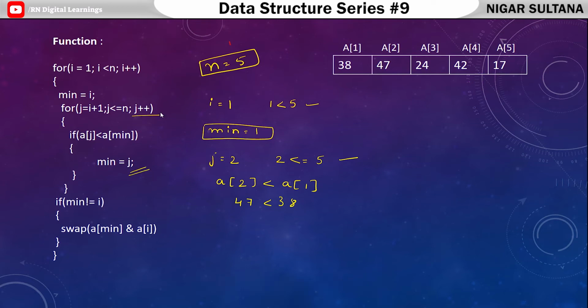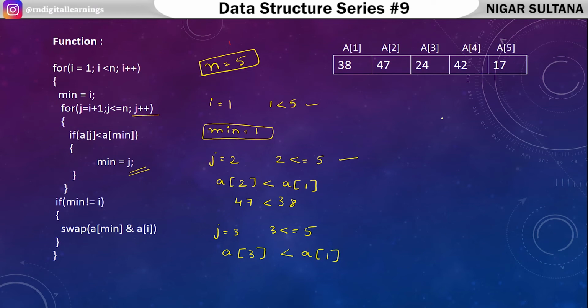Now increment j. j value will be 3. Check the condition. Is 3 lesser than or equal to 5? It's true. If it is true, enter into the loop. Check the if condition. Is a of j, that is a of 3, lesser than a of min? Min value is 1 still.